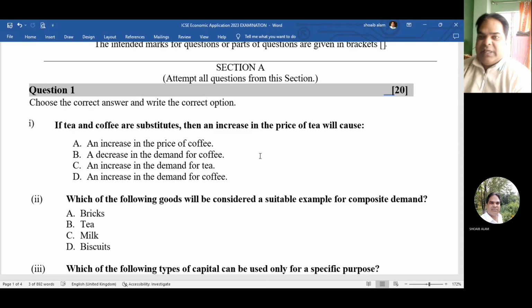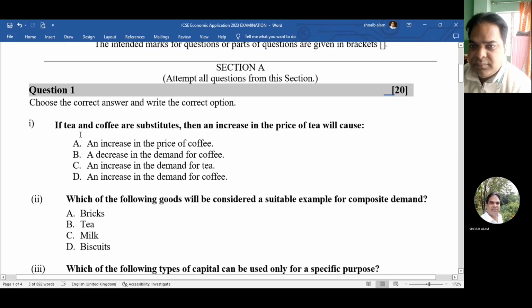The first question is: choose the correct answer and write the correct option. You will be given the options and you have to write the correct option in the answer script provided. Let's start with number 1.